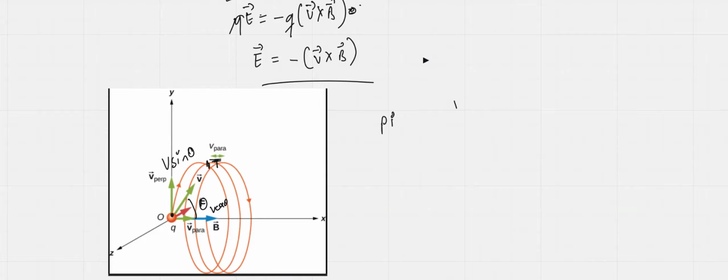So pitch is nothing but v cos theta multiplied by the time. To make this gap, the particle has to cover the whole circle, so pitch is v times cos theta times the time period.